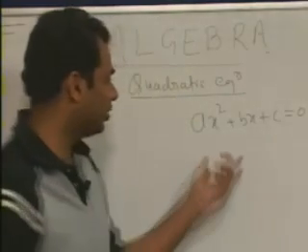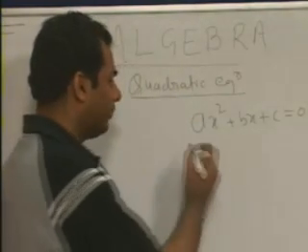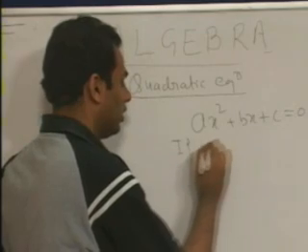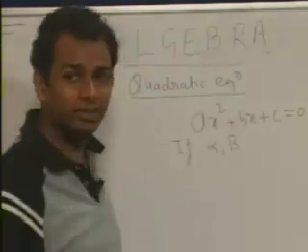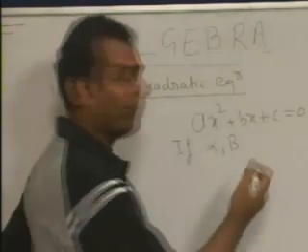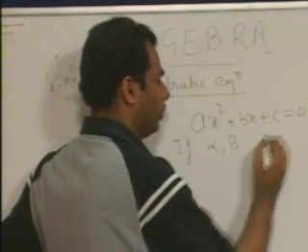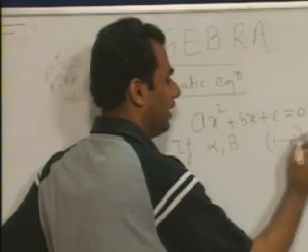For example, if I say a question like this one, that if alpha and beta are the roots of this quadratic equation, then find the value of 1 minus alpha into 1 minus beta.